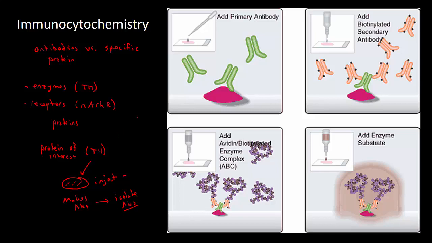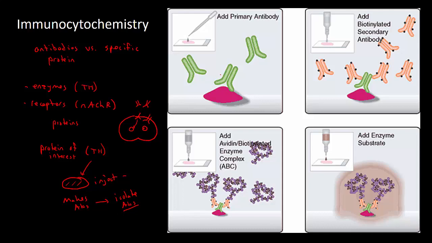So if I take a tissue, let's say I got a brain slice, and let's say I have some TH in these areas here. If I take my antibody and I soak my antibody with the brain, what's going to happen? Well, these are going to float around, and wherever my protein of interest is, they're going to stick.